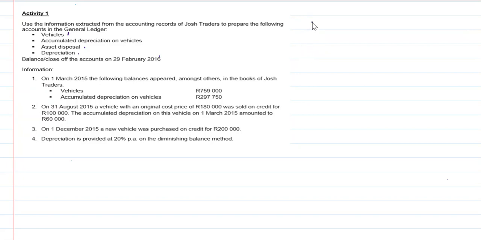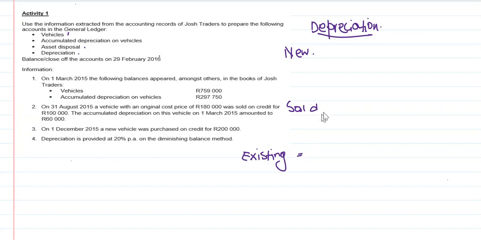First of all, the depreciation of the new vehicle, the sold vehicle, and also the existing vehicle. I have three types of vehicles here.